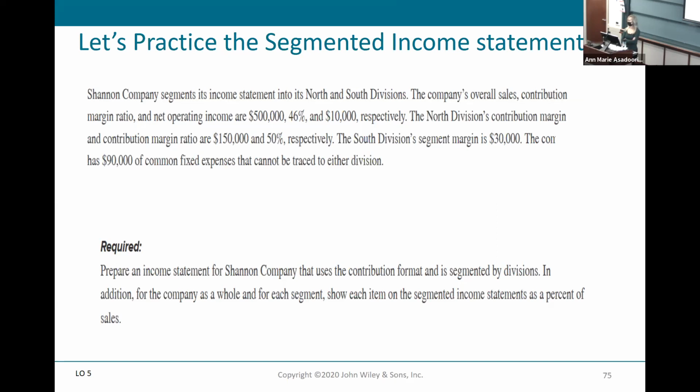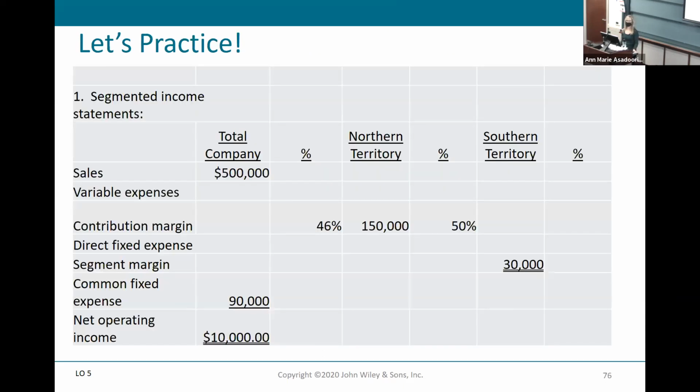So basically I looked at this problem and I thought, this sounds like so much fun. It's like a Sudoku puzzle, right? If you know how to set up a segmented income statement, you can plug in the given numbers, and then from there I could ask you any of the missing numbers. So this is just going to require you to understand how a segmented income statement works.